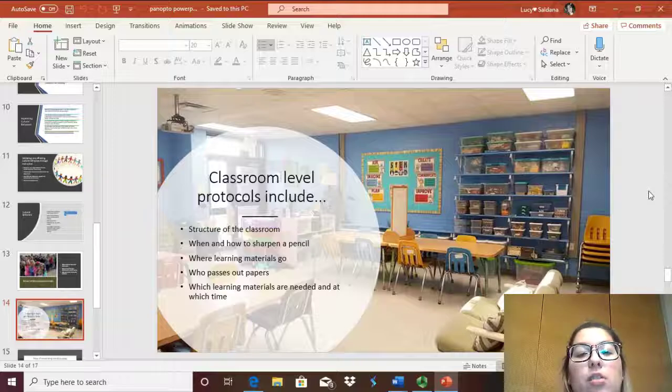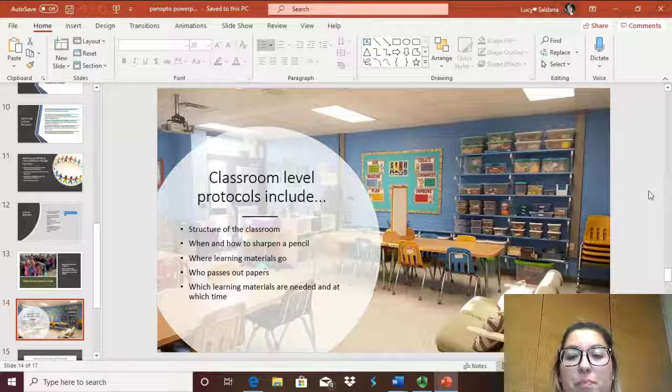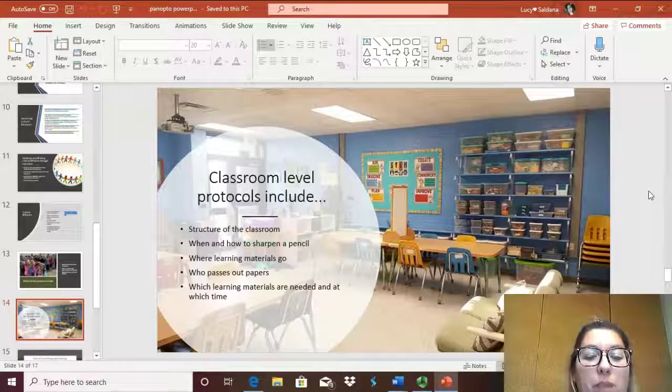So the teacher needs to go through those steps so the student can learn where each thing goes and can place it back in the right spot. So maybe when they do science or they take out some games to play with, the teacher just needs to explain and practice with the students where each item goes so they can understand where it goes and have a routine on that.